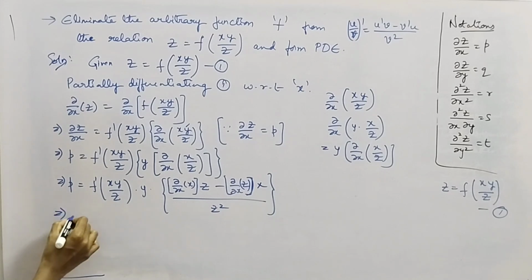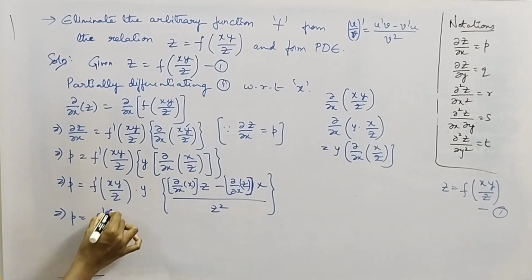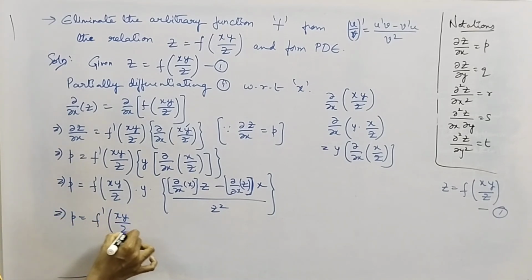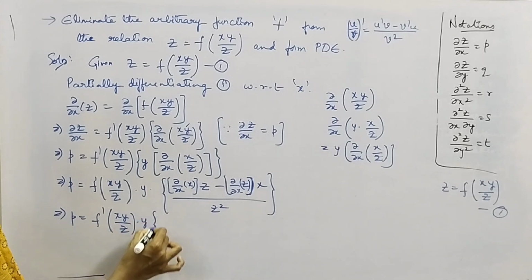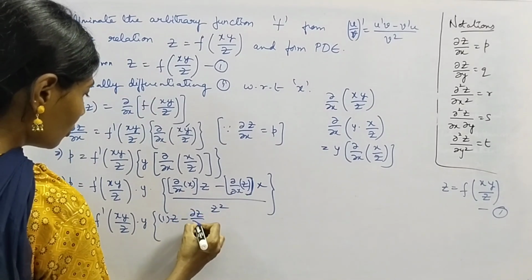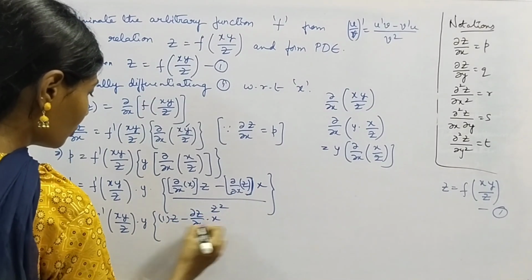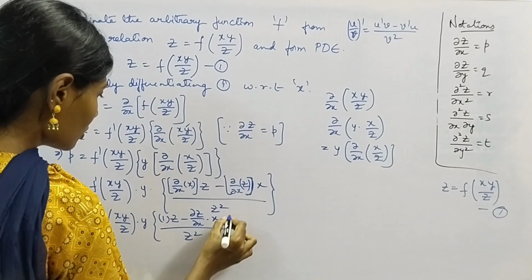Clear? This gives us p equal to f dash of xy by z into y into the partial derivative of x with respect to x is 1 into z minus dou z by dou x into x, by z square.